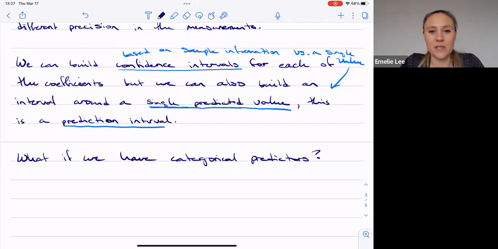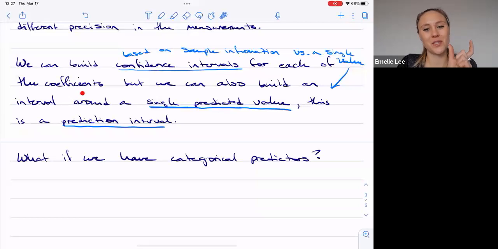Why would you need a confidence interval? Each coefficient is just an estimate based off of the sample, and so that coefficient would change depending on the sample. But if you wanted to know the plausible values of those coefficients, then that would be a confidence interval. You would build a 95% confidence interval around each of the coefficients.